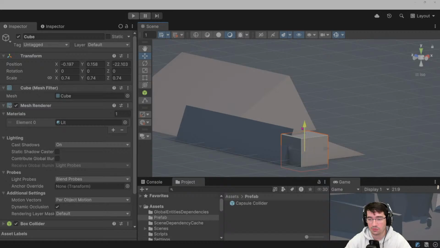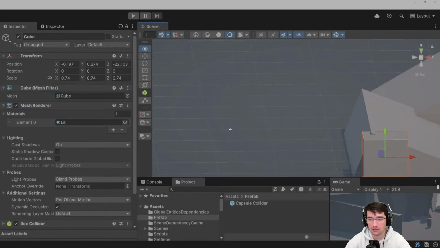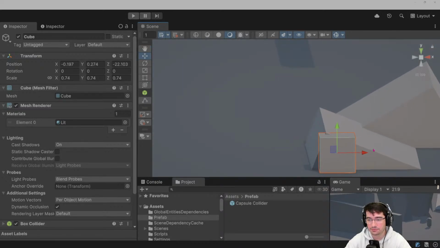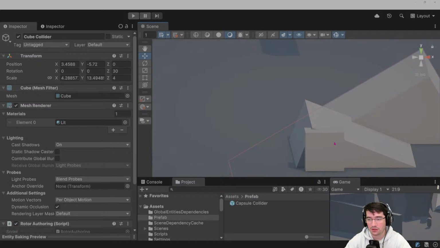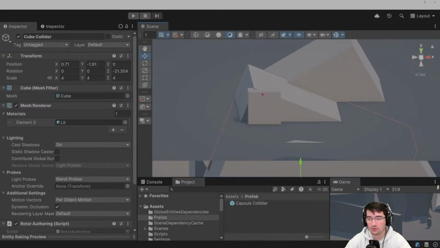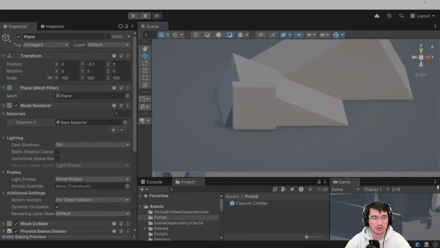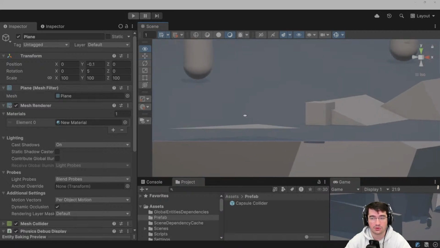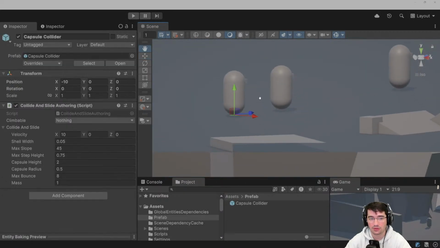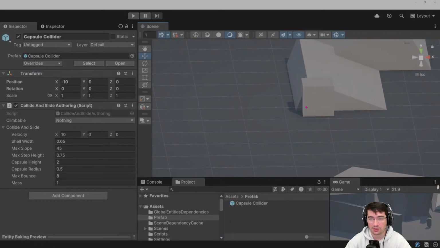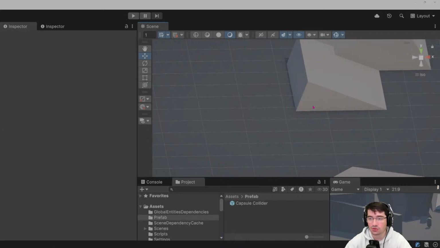And I need you to be flush with the ground, something like that. Okay, and this one actually needs to go down a little bit. Okay, and is it steep enough for this capsule? Maximum slope 45, so yeah, that should be okay.